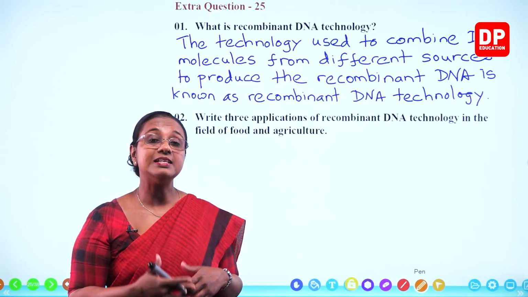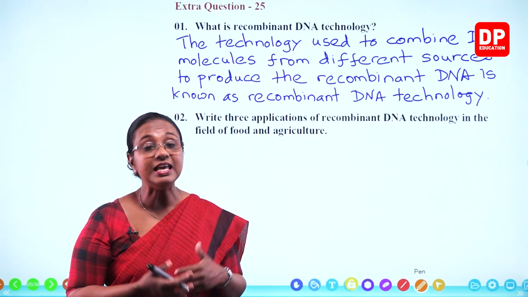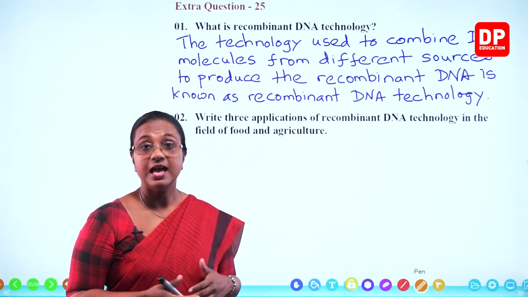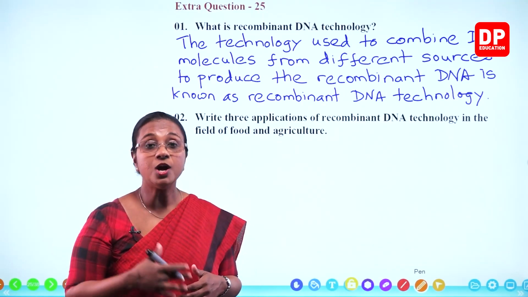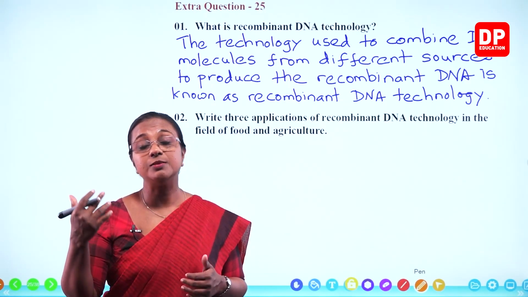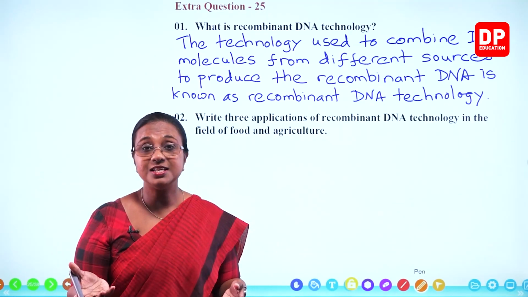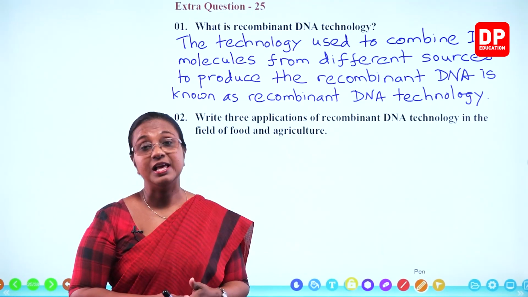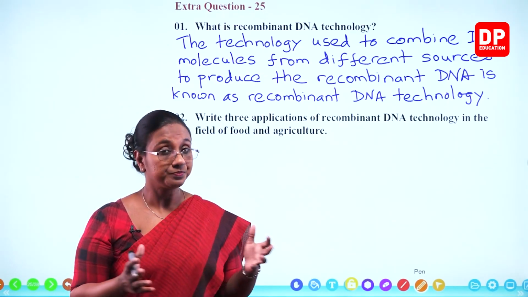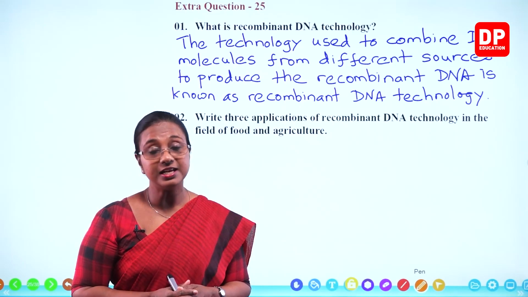Then there can be hens that lay more eggs. Like that, you can have many improved varieties. And also you can have the genetically modified vegetables, fruits with more nutritive values, which are more fleshy, more tastier. That is also possible. Even seedless fruits, those are all possible due to recombinant DNA technology.